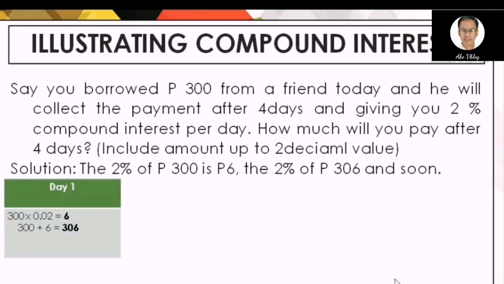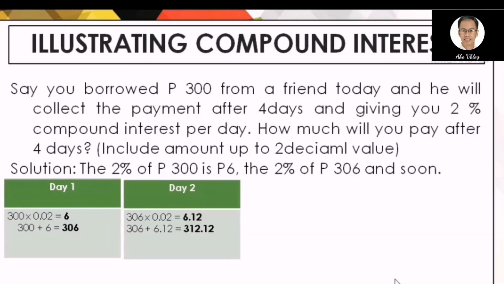But of course, on the second day, it will be added if you're going to pay it for the second day. That is the compound interest. You're going to add 6 pesos for the interest. For day 2, we have 306 times 0.02. So we have an interest of 6.12.